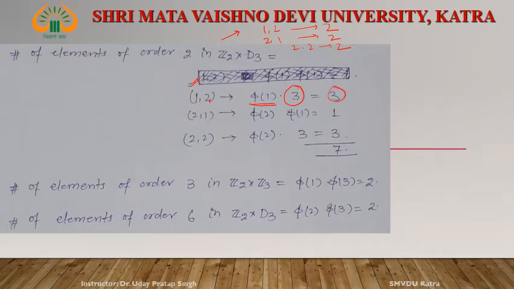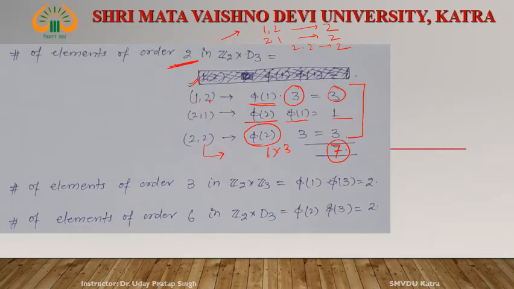For the pair 2 and 1: phi 2 is 1 and phi 1 is 1, so this is 1. Now phi 2: how many elements in Z2 of order 2? 1 element. And how many elements in D3 of order 2? 3 elements, so 1 times 3 is 3. Then in total 7 elements of order 2. So 1 element of order 1, 7 elements of order 2.